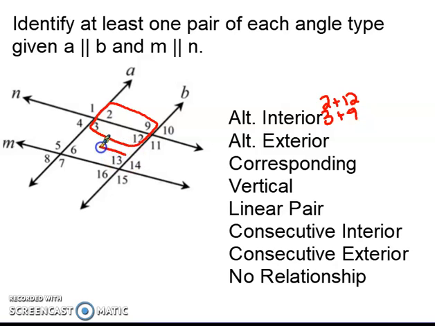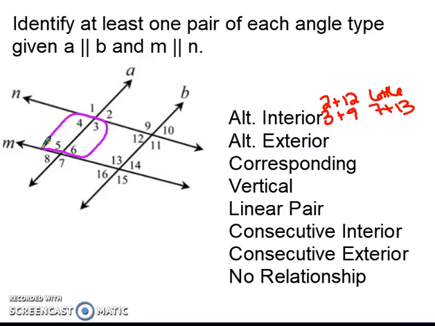Also for lines A and B being parallel, but on transversal M, those are my interior angles. They're inside lines A and B. So for those, I would have 6 and 16, or 7 and 13. Now, if you looked and used lines M and N, you could have those as your interior angles.